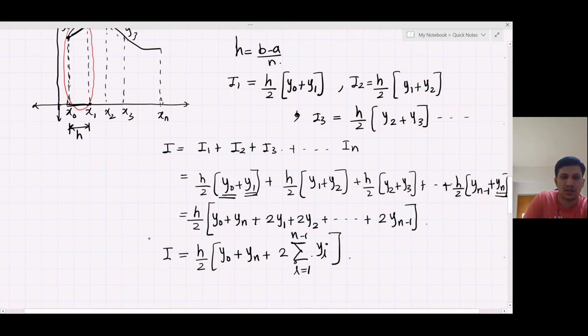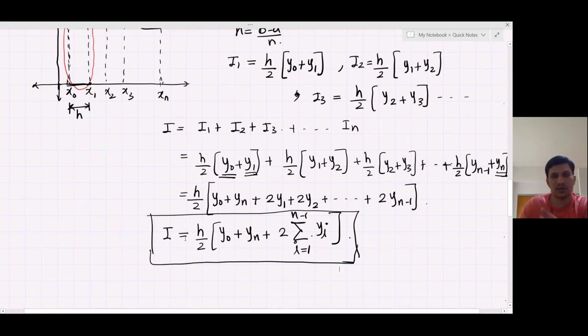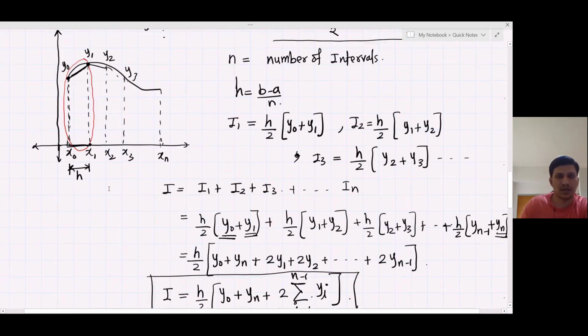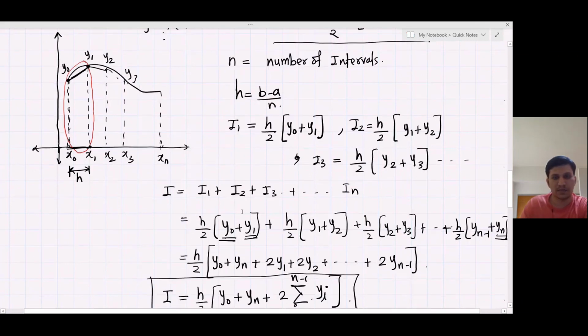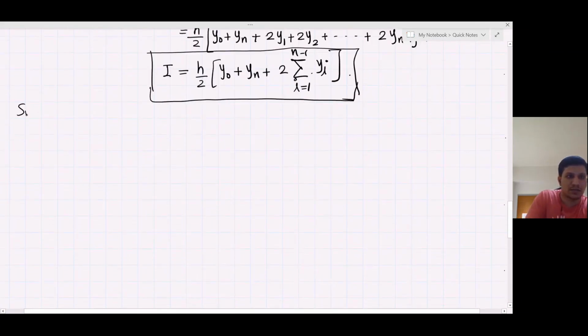So this is the final formula for the trapezoidal rule for multiple intervals, and by using that formula we can increase the accuracy: the smaller the h, the more accuracy we can get. So for the summary, we have seen two formulas.